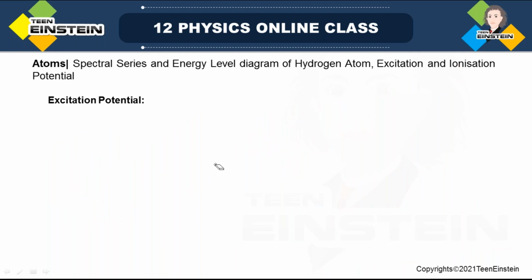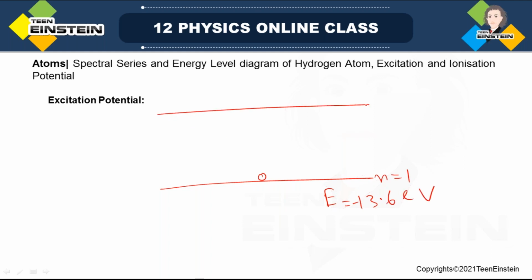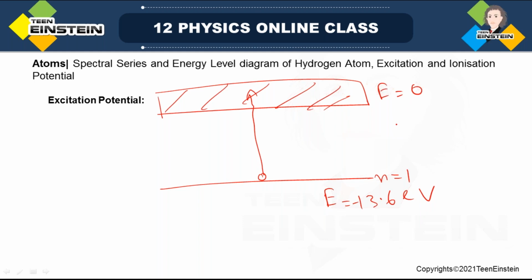Suppose I have an electron in the ground state, n is equal to 1, where the energy is actually minus 13.6 electron volt. Suppose this is the continuum level, I am just ionizing it to this level, okay. So this level has energy 0, so this is called E infinity.